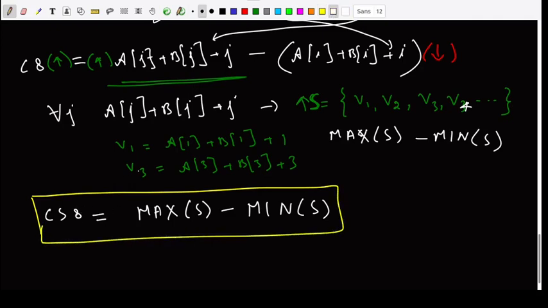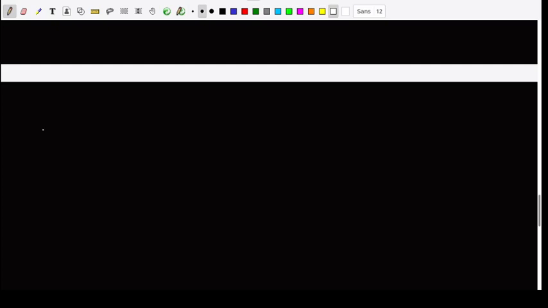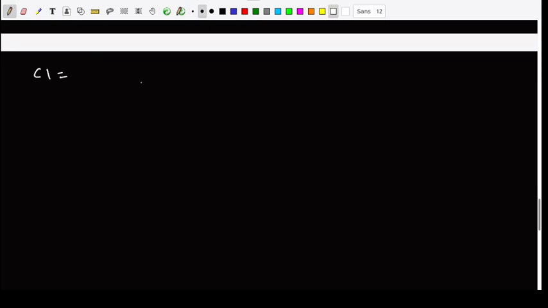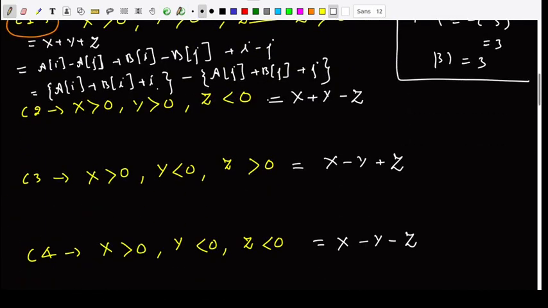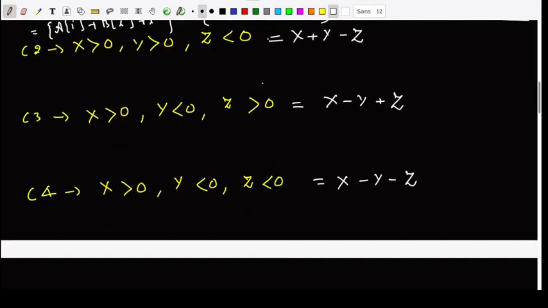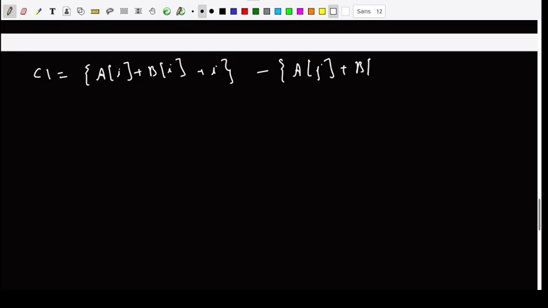Okay, now let us look at case 1. Okay, let me use a separate page for this. So case 1, what was the value of case 1? So case 1 is basically, let's go up, summation of ith term and summation of jth term, right, and the difference between it. So let me just write it down, ai plus bi plus i minus aj, bj and j, right? So again, this also we are computing the same thing.